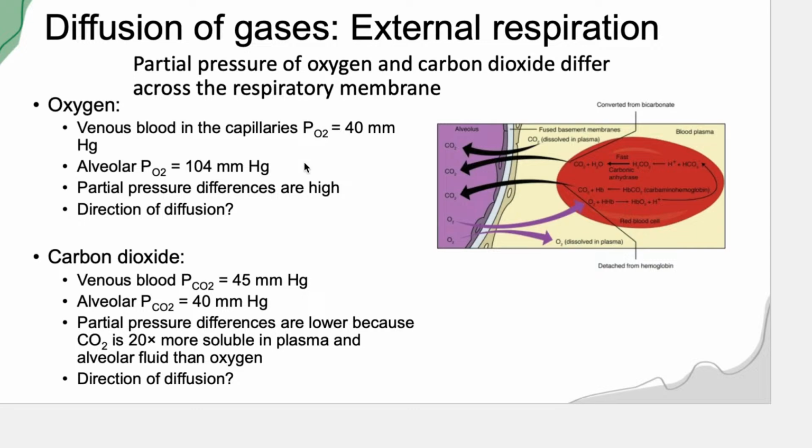So venous blood in the capillaries, blood that's returning to the lungs to get filled up with oxygen again, is 40 millimeters of mercury.